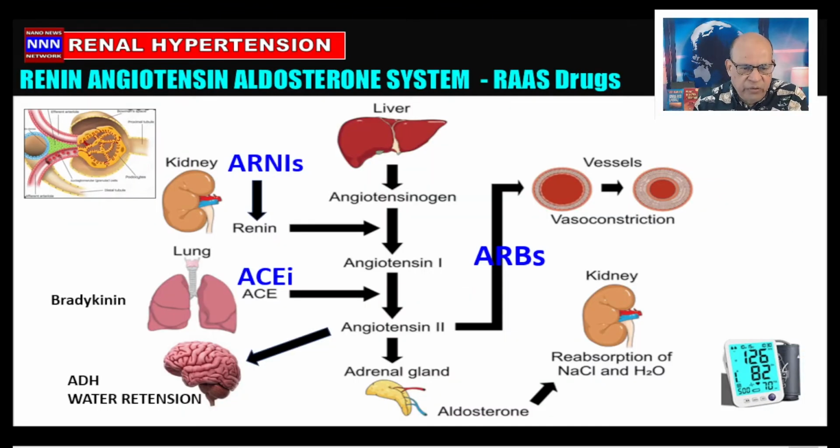Let's move on to what options are available to treat patients with renovascular or renal hypertension. First, we identified what things are going wrong in these patients. There is an elevated renin level.